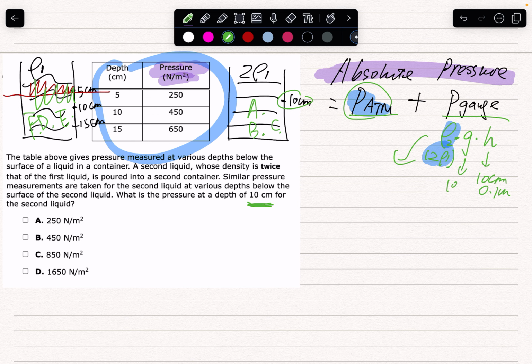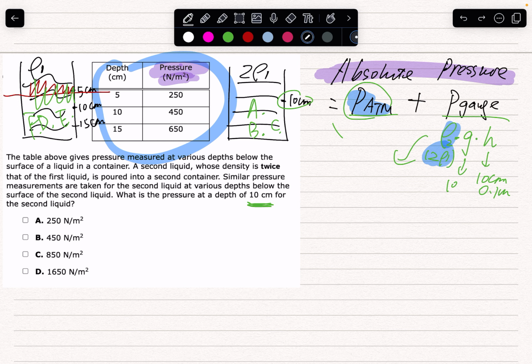They're close to each other, so they have the same P atm. And if I know the density of the first liquid, then I'll know the density of the second liquid, given this twice relationship, so I can compute this. All right, so how do we figure out the P atm?